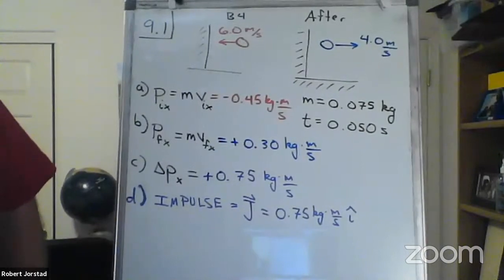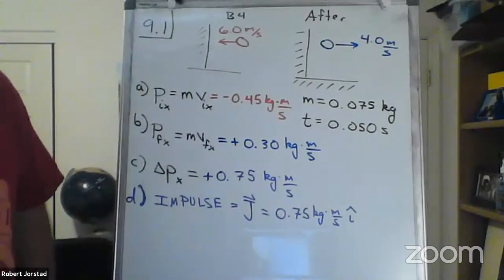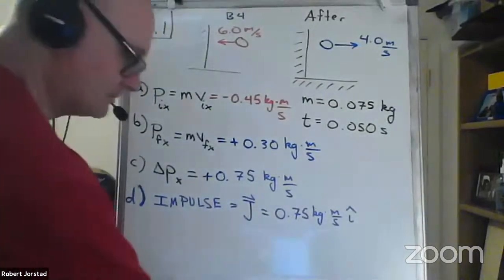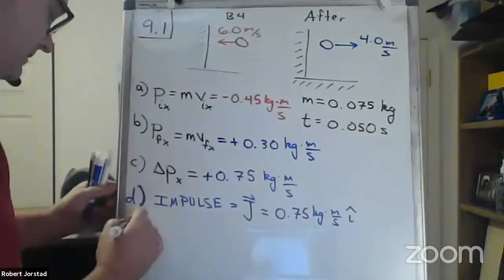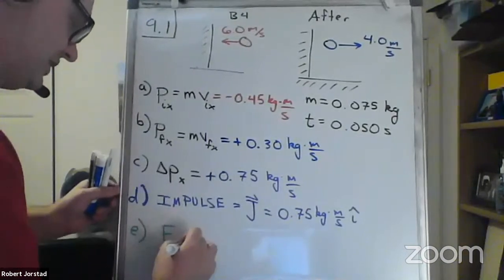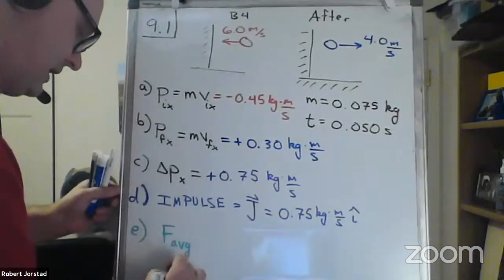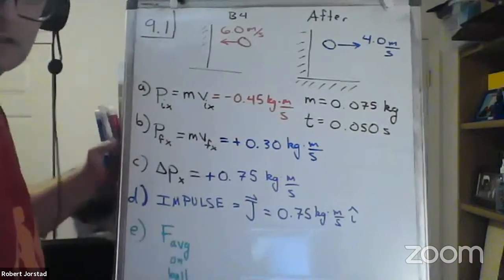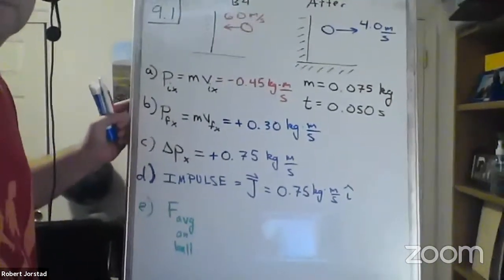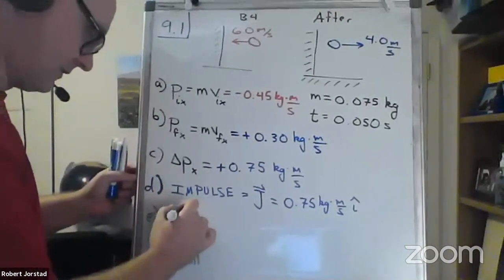And if I want to get the average force on the ball during the collision, here's how you do it. The average force on the ball, and I'll scoot the board back in just a sec. It's a vector. Force is a vector.